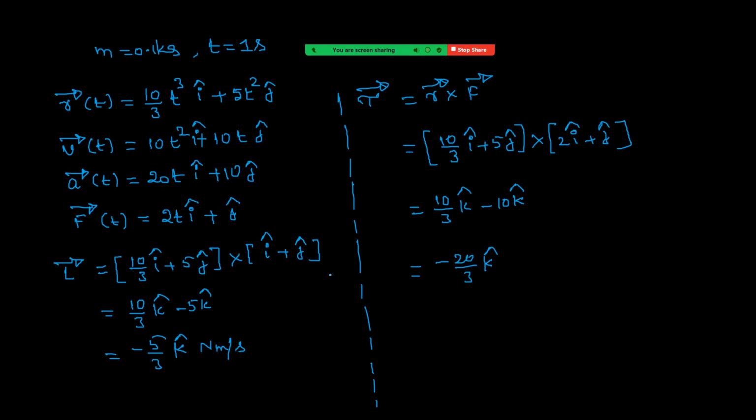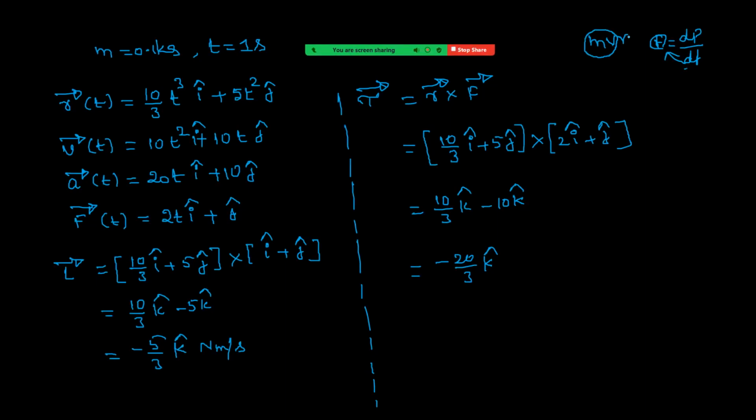Let me cross check once the units of this angular momentum. So is it correct? Angular momentum, what are we writing? M into V into R, right? Then see what we get. This is a momentum, right? If you take F equal to dP by dt, momentum means Newton second.